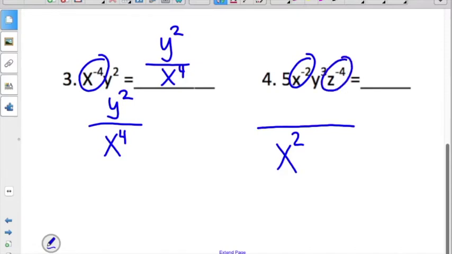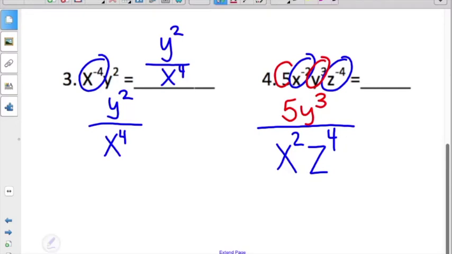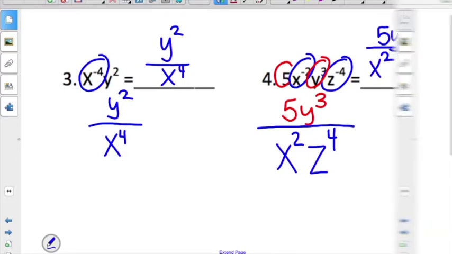We're going to put that in the denominator and remove the negative. Whatever we have left is in the numerator. So we have a 5, and we have y to the 3rd. So our answer is 5y to the 3rd over x squared z to the 4th.